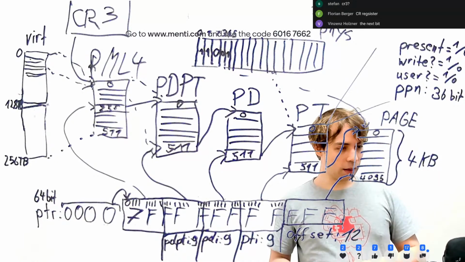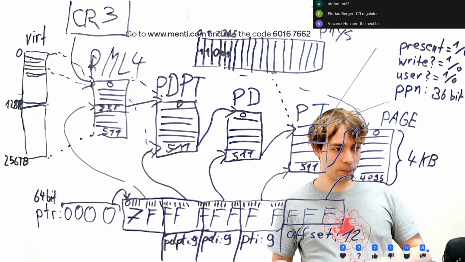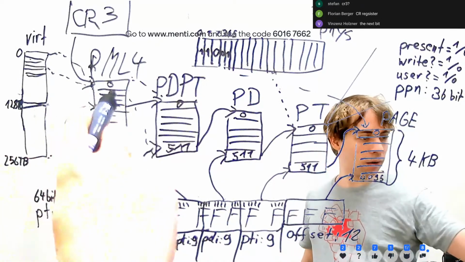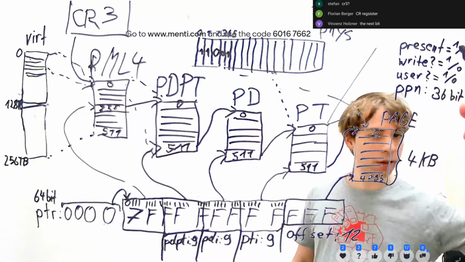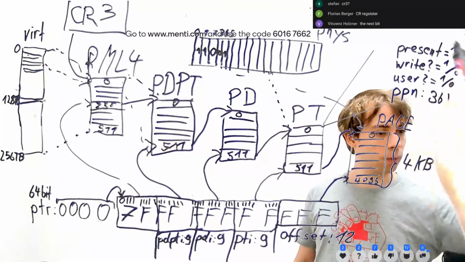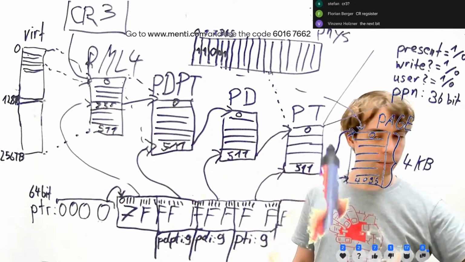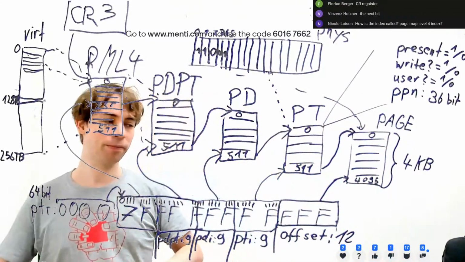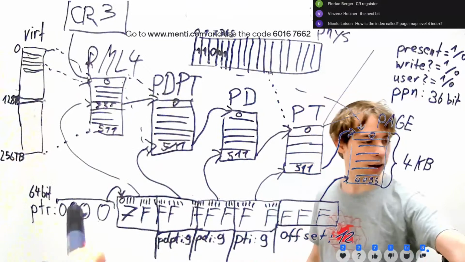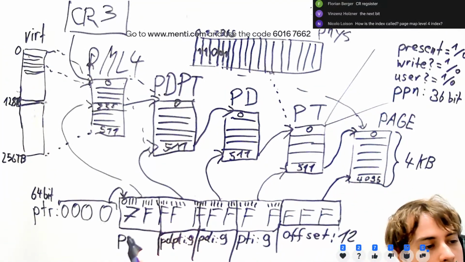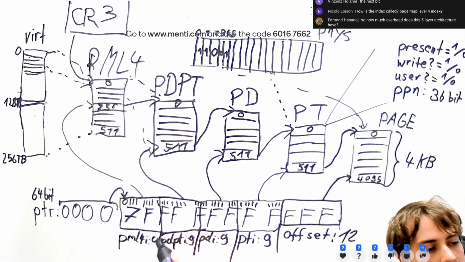Great. So this is how pointers in principle work. The present bit: each of these layers has this present bit. If we have a valid stack address, this present bit will always be set to 1. If the present bit is not set to 1, what happens? I should add this as well: the page map level 4 index has again 9 bits.